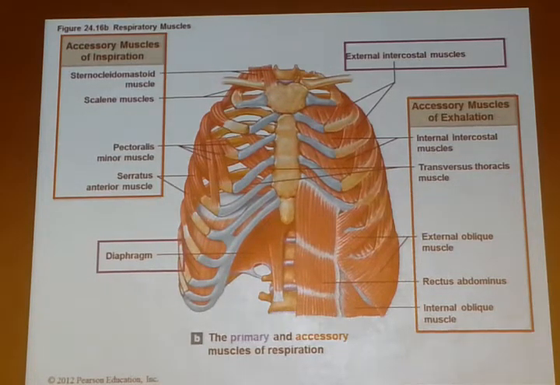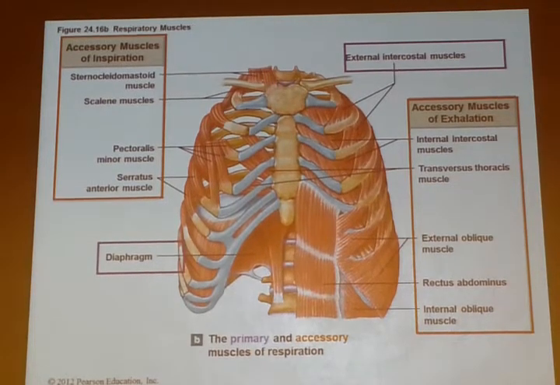I don't think that really qualifies as a good research proposal. Pathologically, they may be stabilizing, so when they're paralyzed, then things go wrong. It doesn't mean that they're contributing to the tidal volume. Okay, so let's stick with diaphragm and external intercostals for quiet breathing.